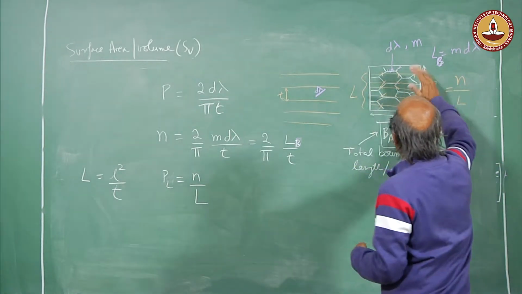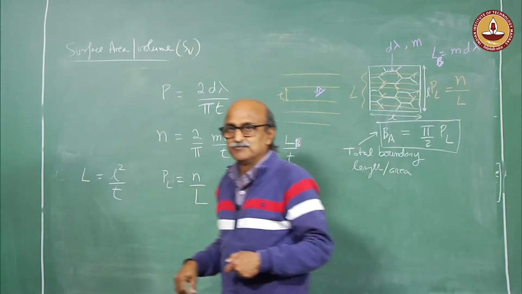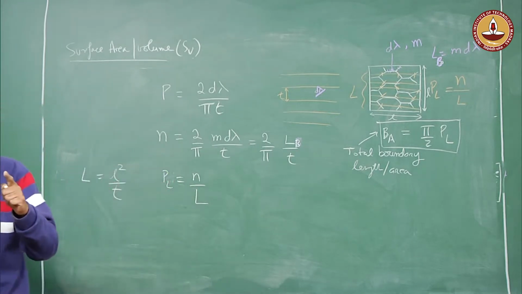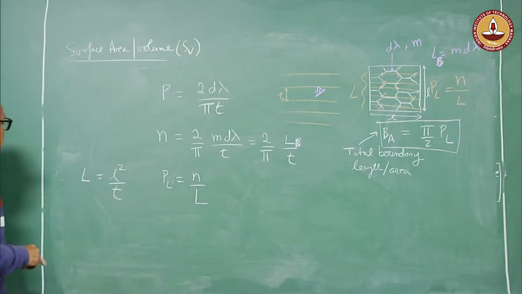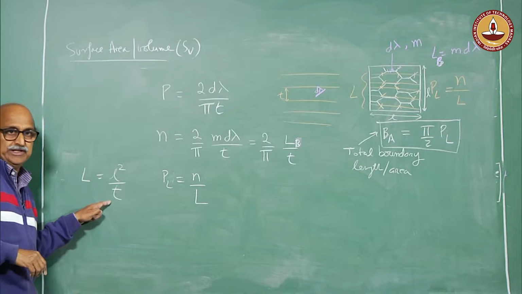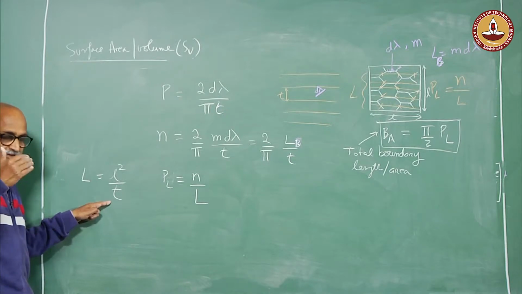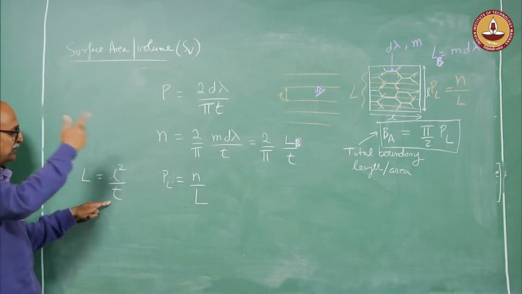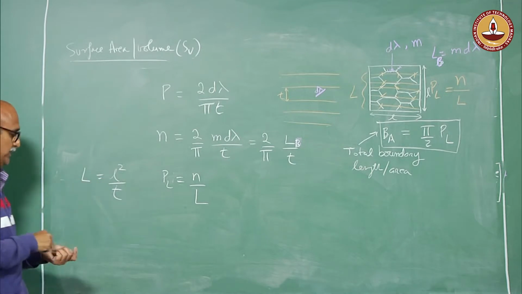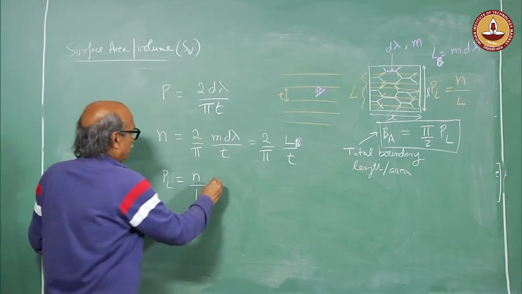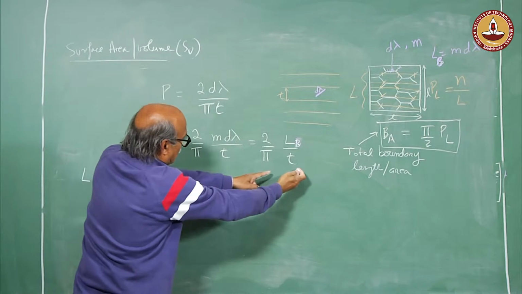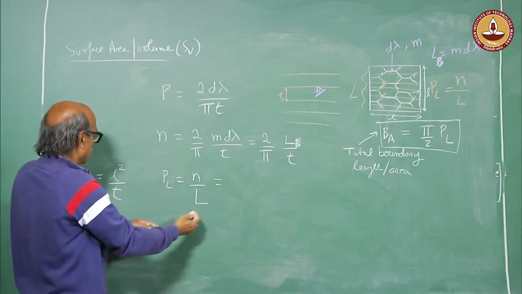L upon t will give you the number of lines. Each line is of length L, hence it becomes L square upon t. Which means that on the right hand side also I divide by the total length.